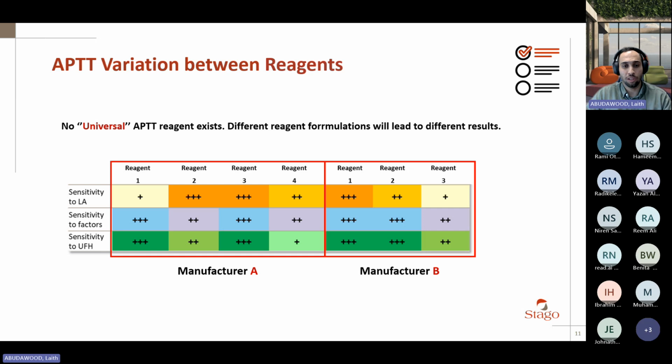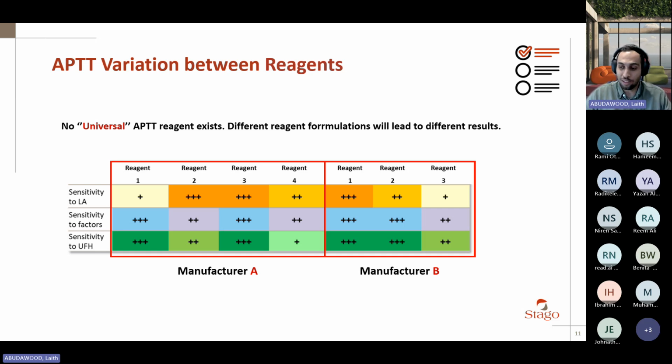Now, just to give you a small demonstration, these are two actual manufacturers. I think these are Siemens, Sysmex, and IL. As you can see, sensitivity to lupus, sensitivity to factors, sensitivity to unfractionated heparin. As you can see, reagent 1, reagent 2, reagent 3, reagent 4, these are all reagents from the same manufacturer with different levels of sensitivities to lupus, to factors, to unfractionated heparin.